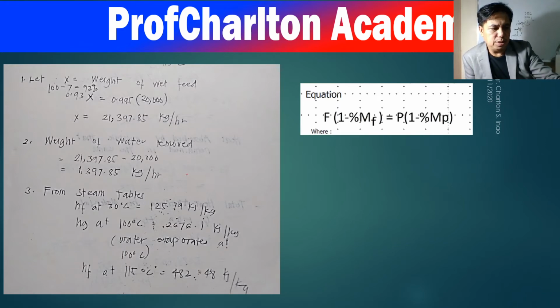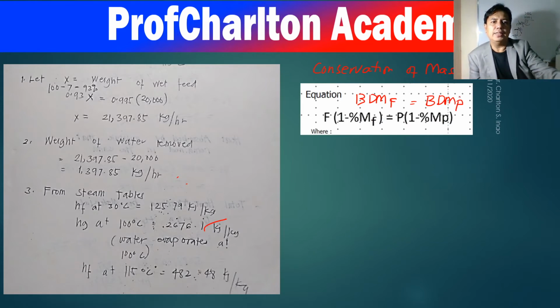Is this the principle of conservation of mass? So conservation. Meaning the bone dry mass (BDM) of the feed is equal to the bone dry mass of the product, right?